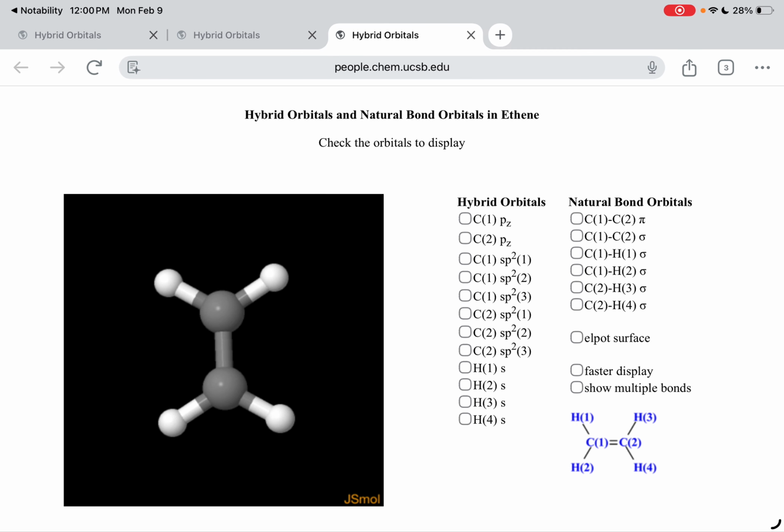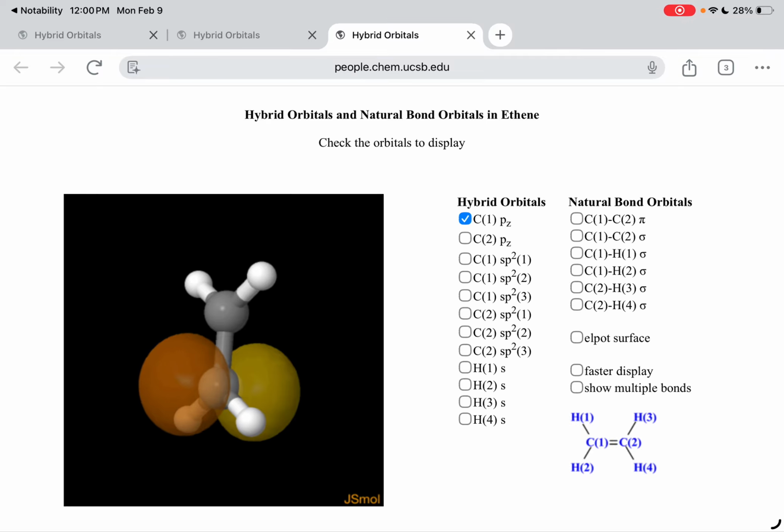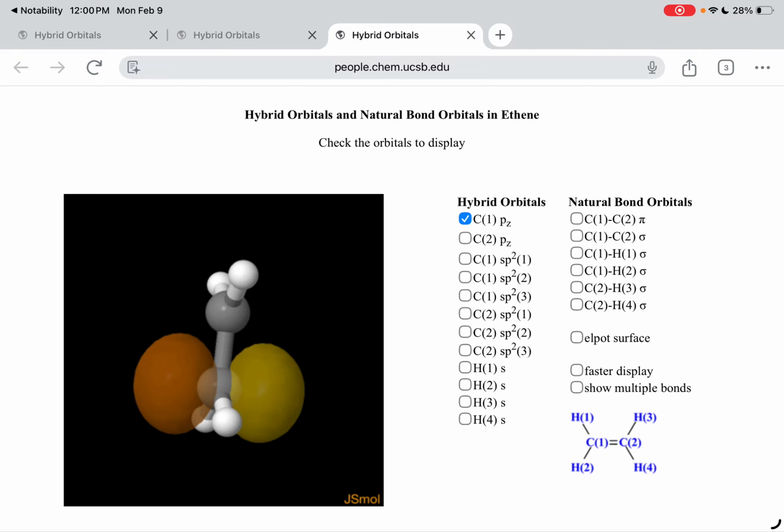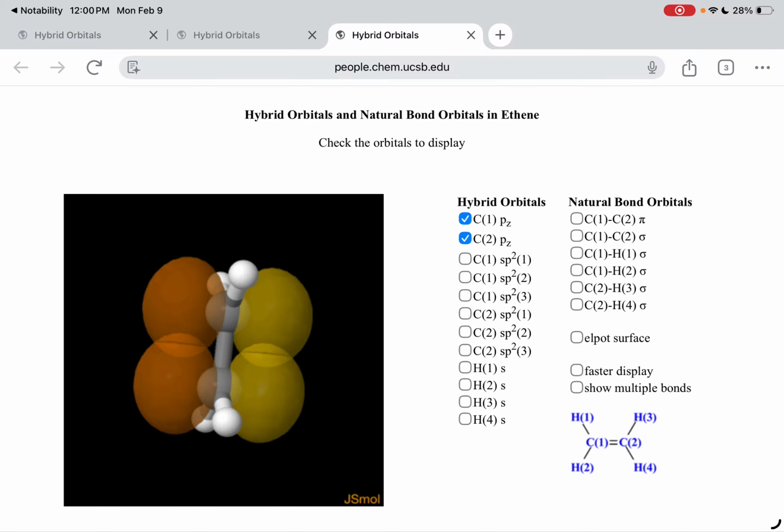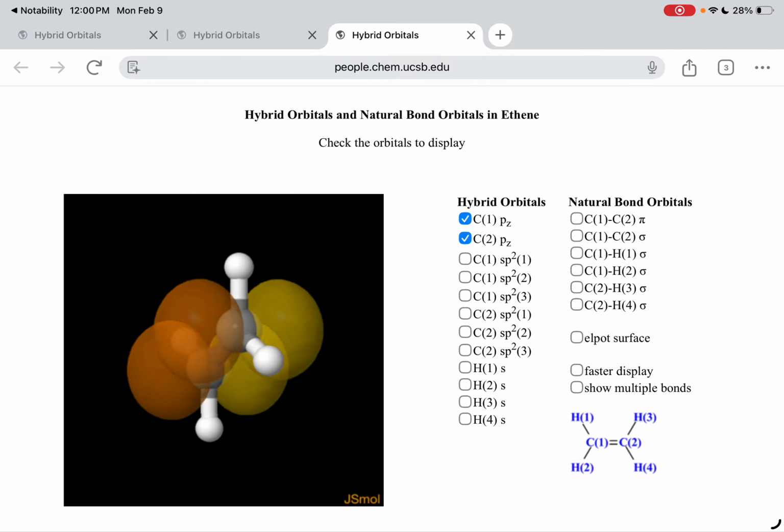You'll notice when you look down this list that says hybrid orbitals, the ones at the top just say PZ. So I'm going to select PZ and twist it to the side so you can see it. That is the unhybridized p orbital. It is going to interact with the p orbital on the other atom, and when those interact, that is the pi bond.